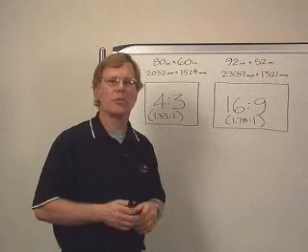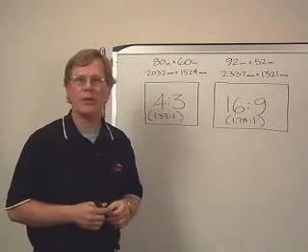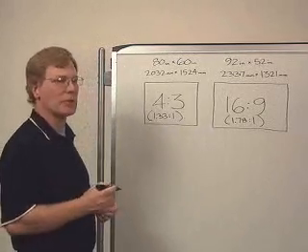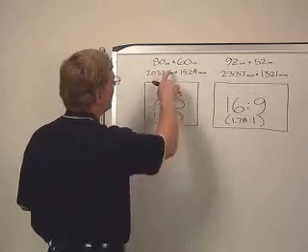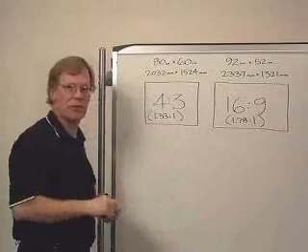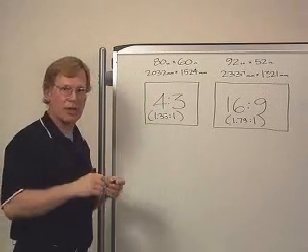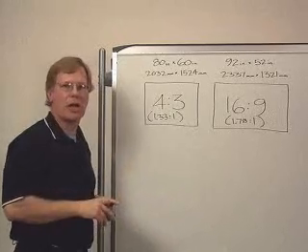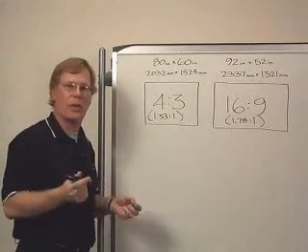These formulas help us, for instance, if we know the height and we want to know the width of a screen. And let's just do a couple of examples here. I've written some dimensions up here of typical screen sizes so we can check our math. Let's say we have a 60-inch high screen, and I want to know what the width is.